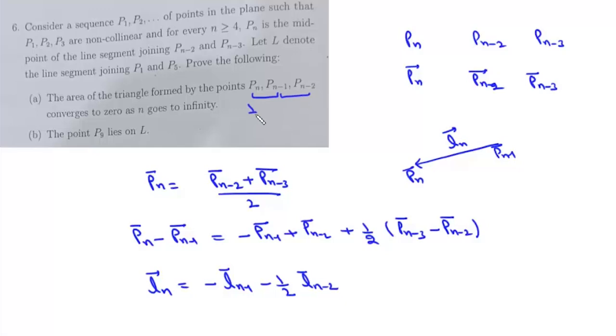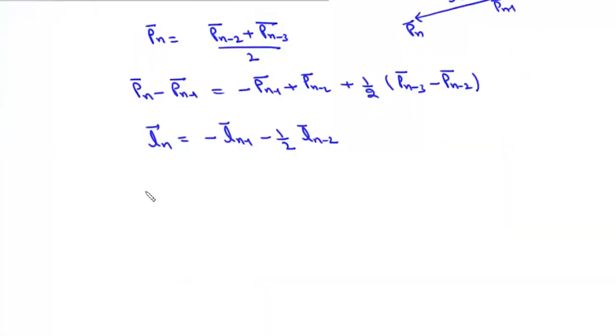Now we know that the area of the triangle formed by Pn minus 1 and Pn minus 2 will be 1 by 2 into the cross product of Ln and Ln minus 1. So I'll take the cross product with Ln minus 1. So I can write this as Ln cross Ln minus 1. Now here will be this 0, and then it'll be 1 by 2 Ln minus 2 cross Ln minus 1.